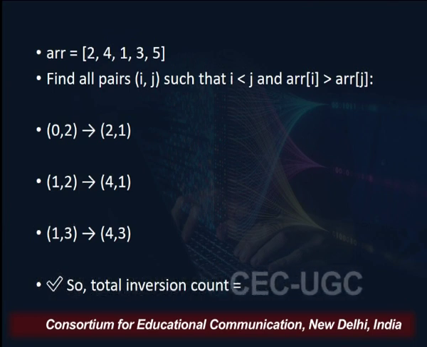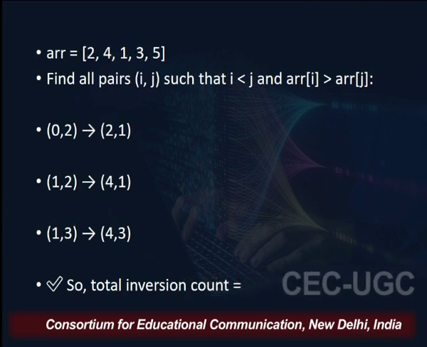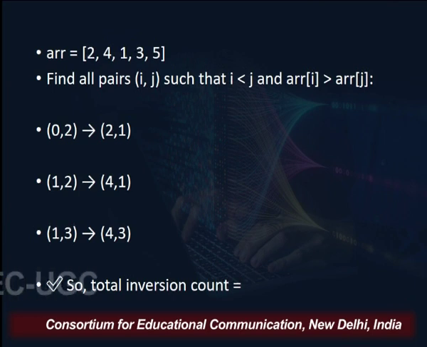So, for example, if we take the pair 2, 1, not the element, but the pair, that is going to give us an inversion count.